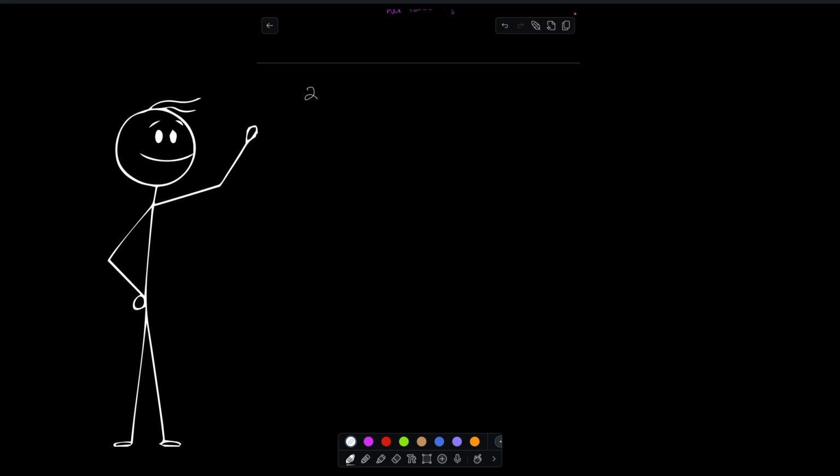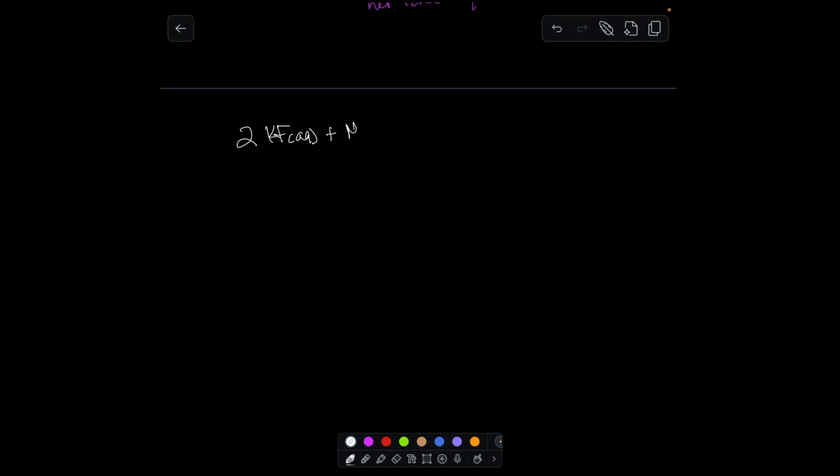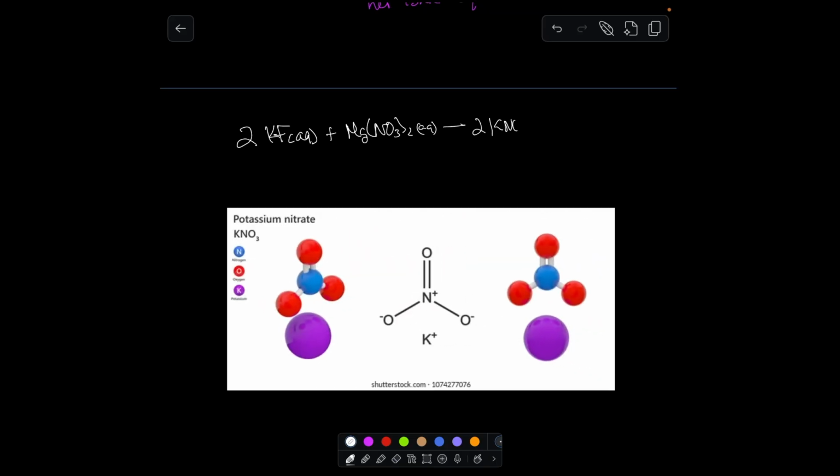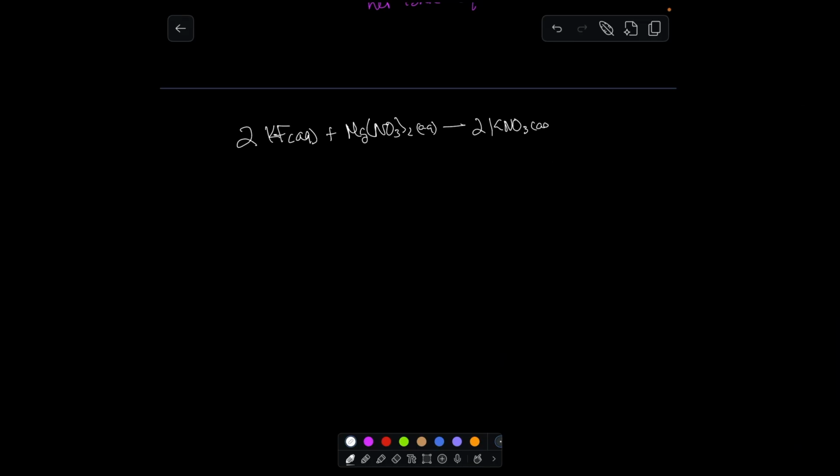So here we have 2KF aqueous that combines with magnesium nitrate, also aqueous, and it gives us potassium nitrate, aqueous also.